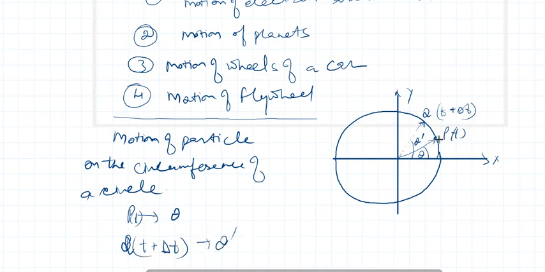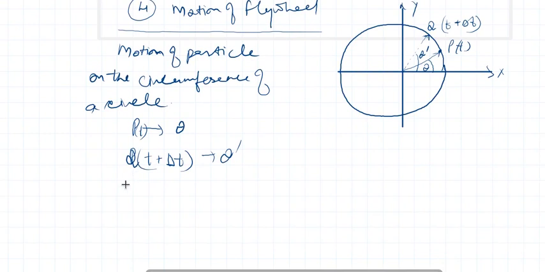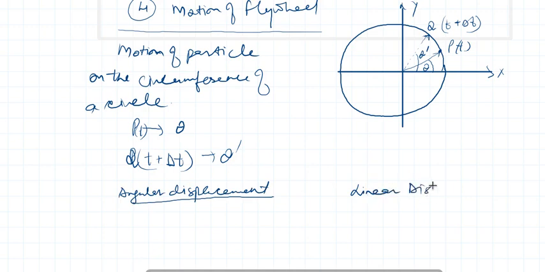So that means in delta t time it moves from this to this, so there is an angular displacement and a linear displacement. There are two types of displacements of this particle. One is the angular displacement, and another is known as simple displacement, or I can call it linear displacement.